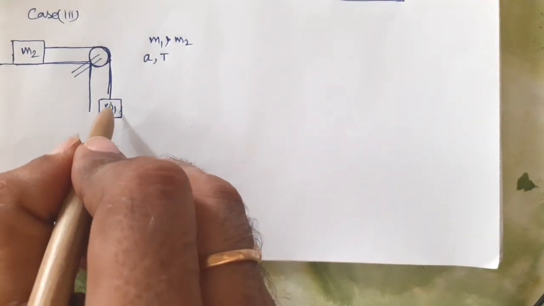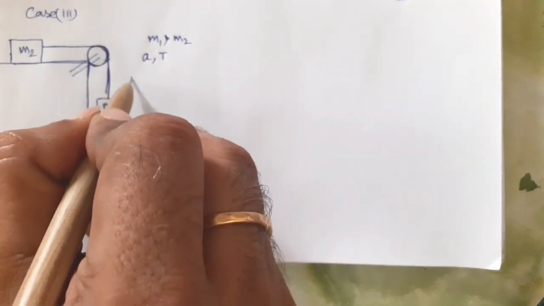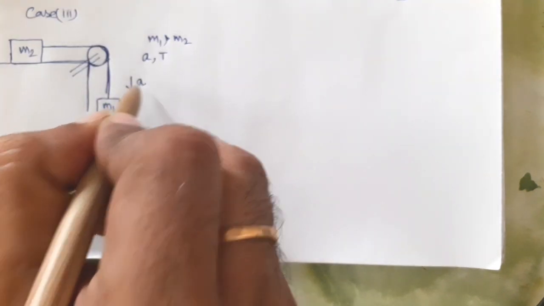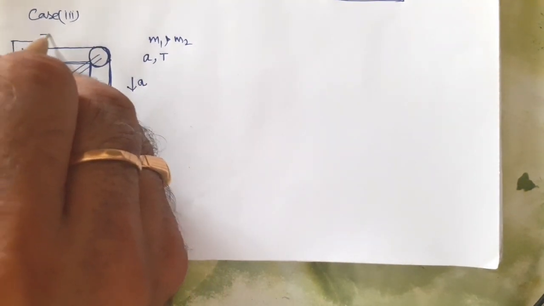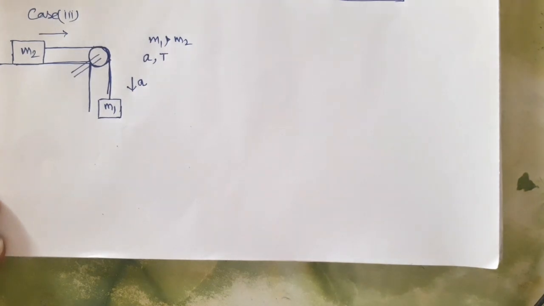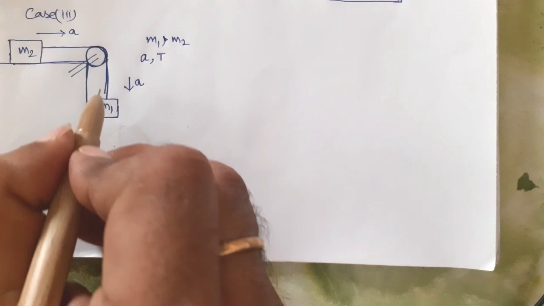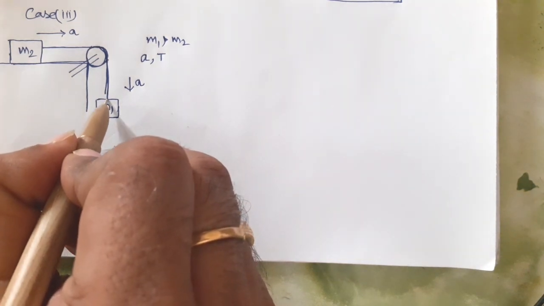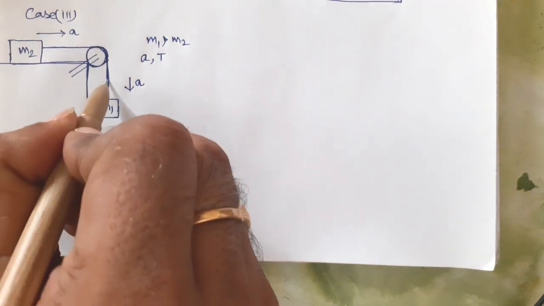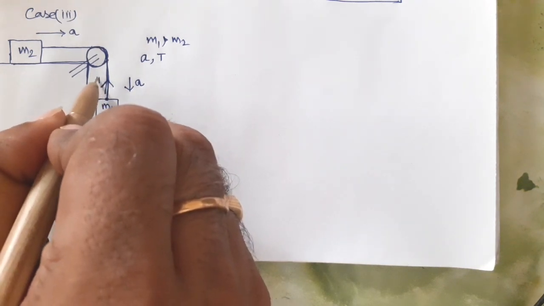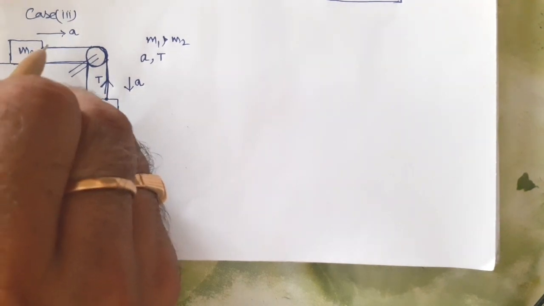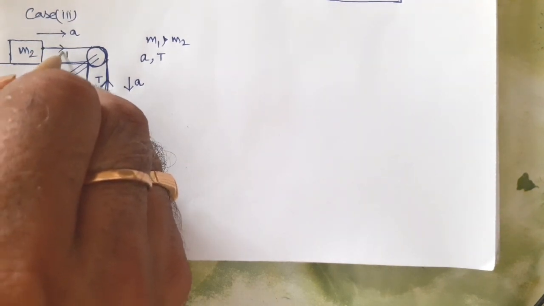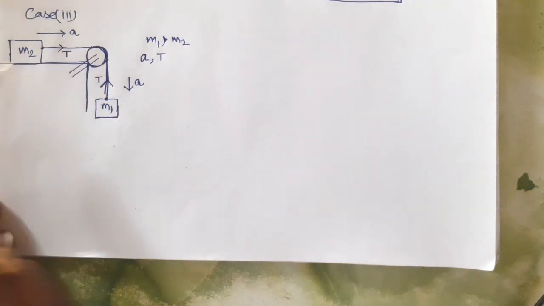Now when this body moves in the downward direction, acceleration is in the downward direction, and this body moves in this direction, therefore the acceleration is in this direction. Now what about the direction of the tension? This is the point of contact, therefore the tension is in this direction in this part of the string, and here this is the point of contact and the tension is in this direction in this part of the string.